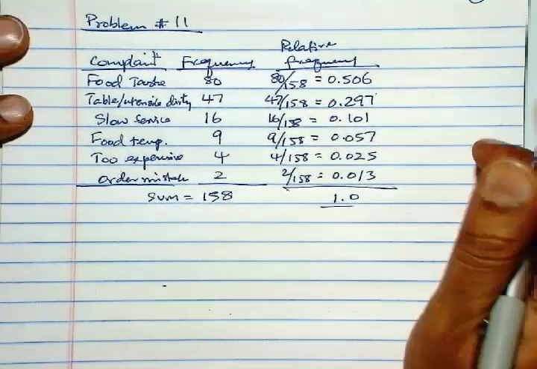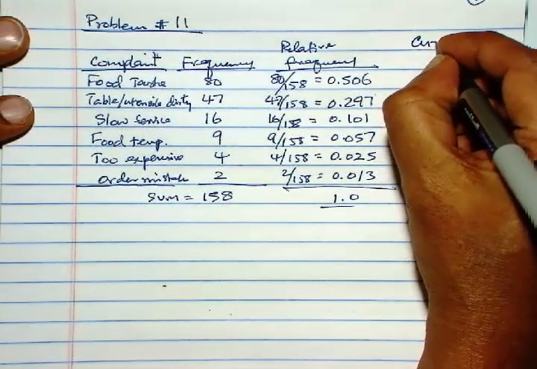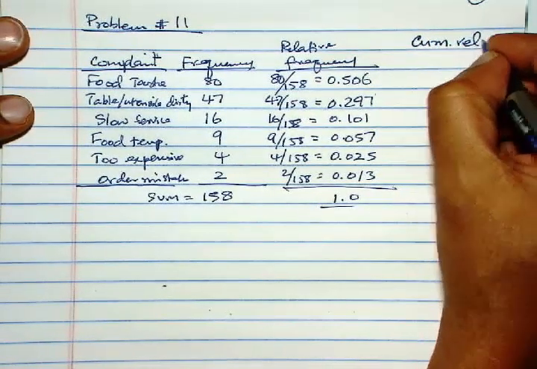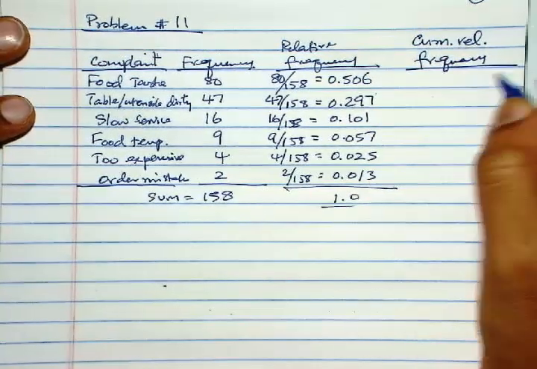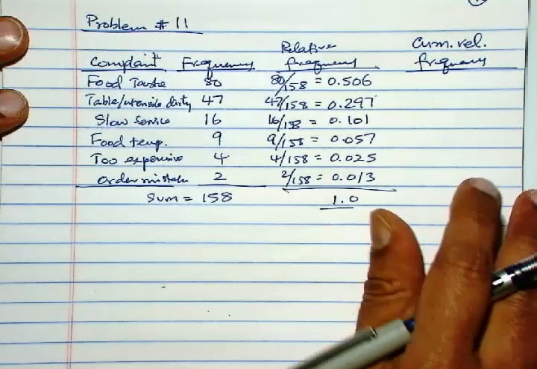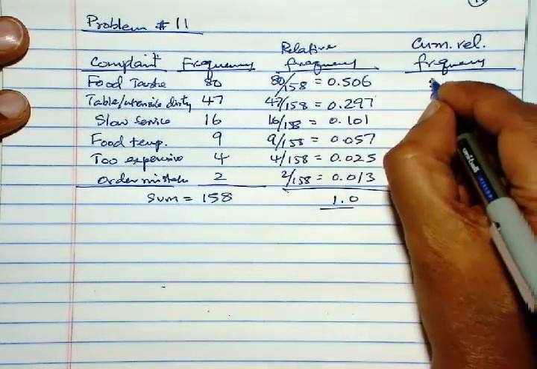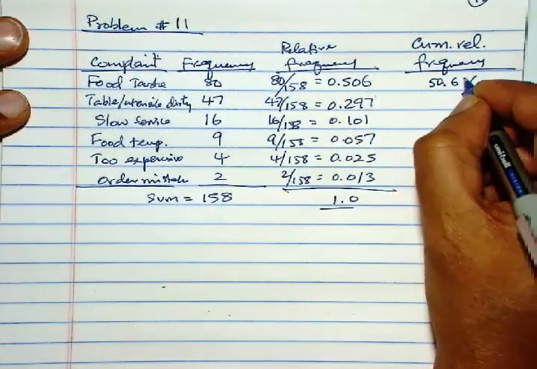Okay. Now we'll do cumulative relative frequency, and let's go ahead and express this as percentage. Okay, so the first one is 50.6%.